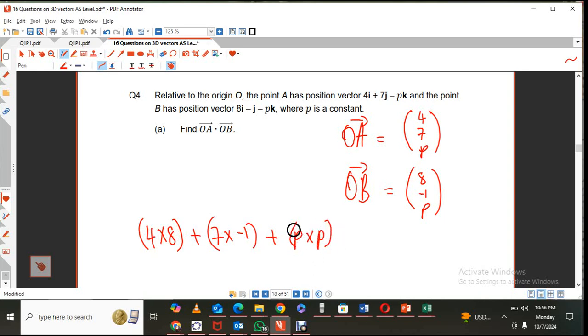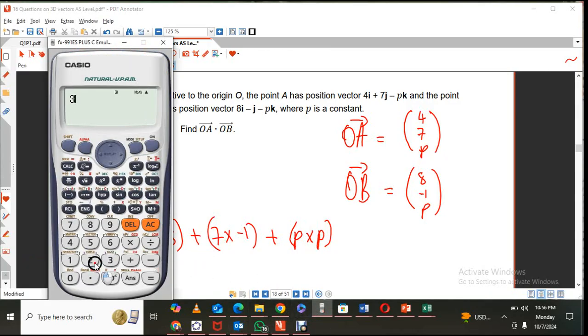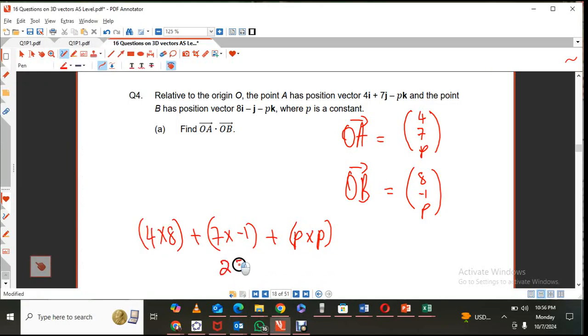If you were to do that, obviously that gives you 32 minus 7. Make sure you get 25. So it gives us 25 plus p squared. So that is what the first part wants us to find.